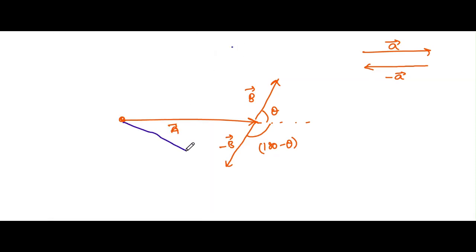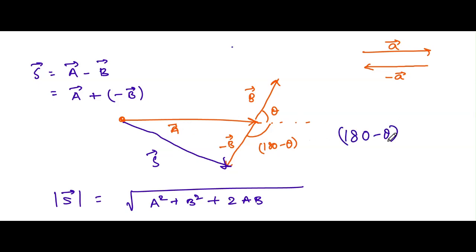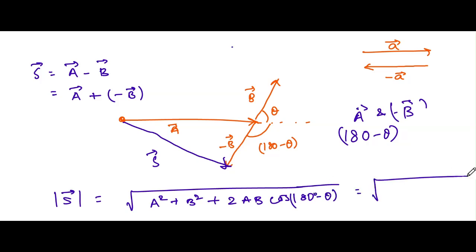Let's say this is resultant vector S, and vector S is vector A minus vector B, or we can write vector A plus minus vector B. Then the magnitude of the resultant vector is under root A square plus B square plus 2AB, and now we have angle 180 minus theta between vector A and vector minus B. So we can write here cos of 180 degree minus theta. This will be nothing but A square plus B square minus 2AB cos theta.